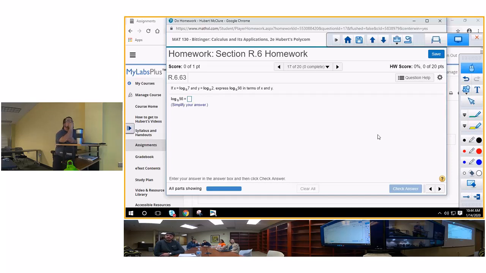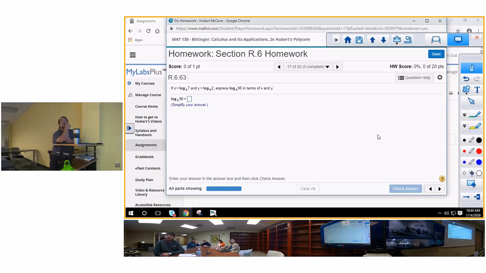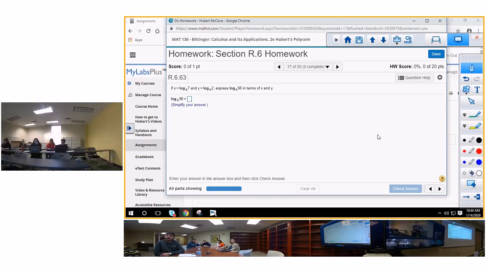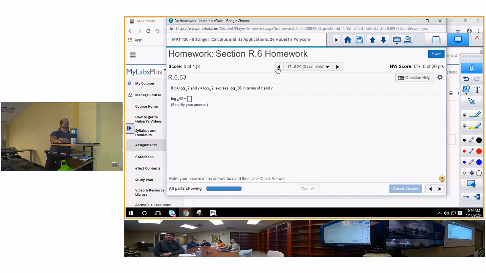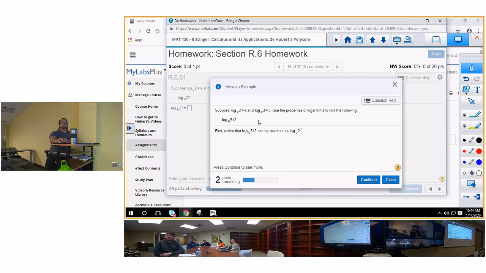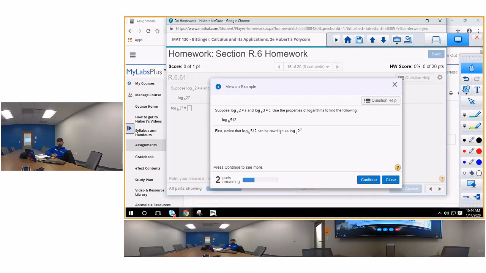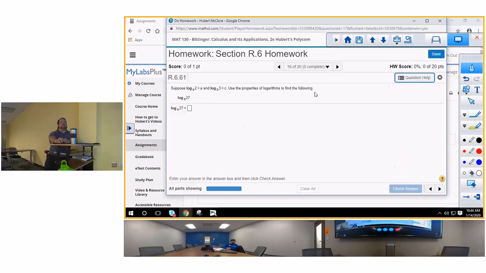Okay, 16 is just like it. Well, let's check 16 because they're rewriting with the exponents. Let me make sure. Okay, that's what I was thinking they were doing with the exponents.